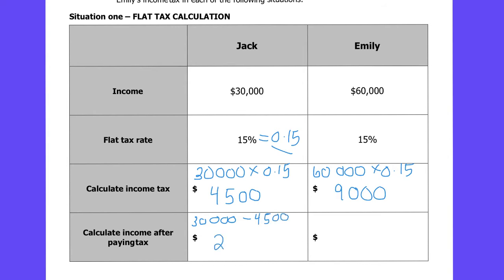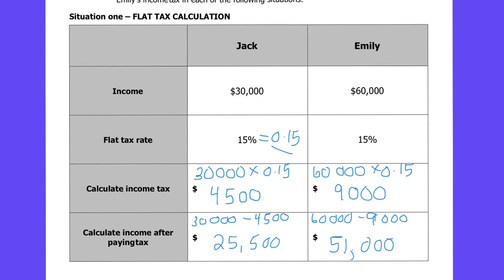When we do that, we're going to get 25,500. And we'll do the same with Emily. She started with 60,000 and we're taking away 9,000. So she's going to be left with 51,000.